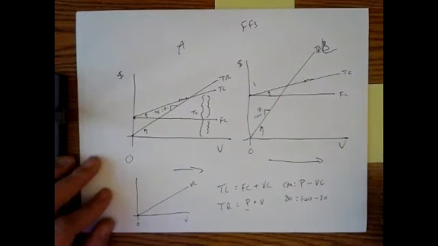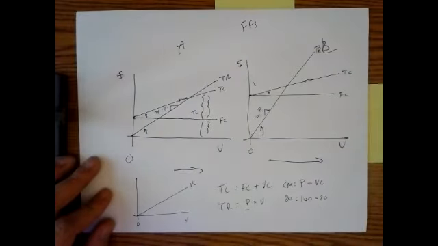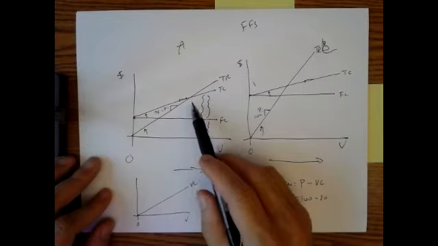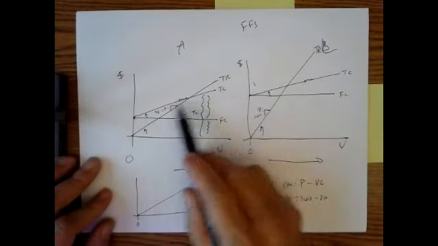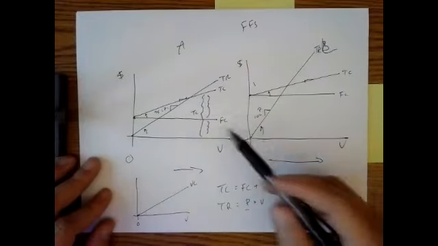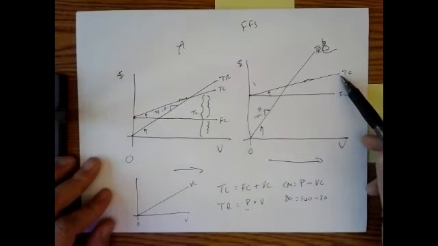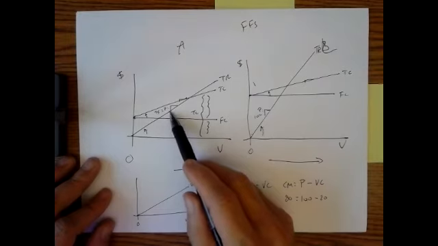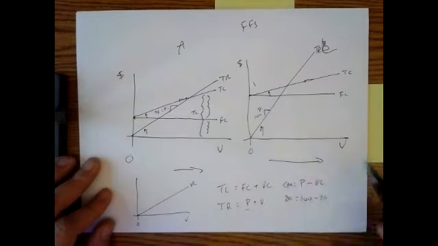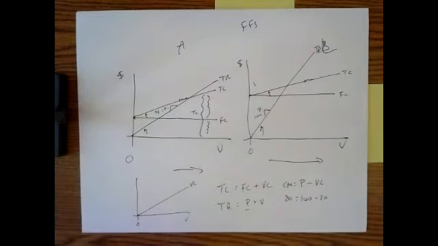Okay, so if we assume B is, say, 100 because it's steeper than A, and then we look roughly at the total cost line, and in particular, this is the slope of the variable cost contribution to the total cost, it is steeper than it is over here in part B. So A both has a smaller slope for its price or total revenue line, and a larger slope for its total cost line.